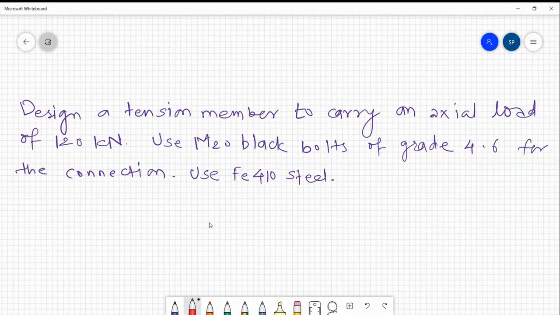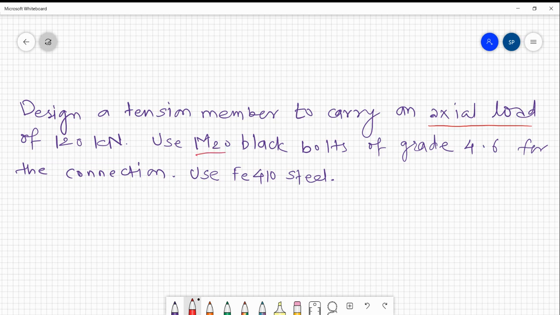Now this is the tension member which we are going to design. So this is the numerical based on design of tension member. Design a tension member to carry an axial load, now this word is very important, carry an axial load of 120 kilonewton.